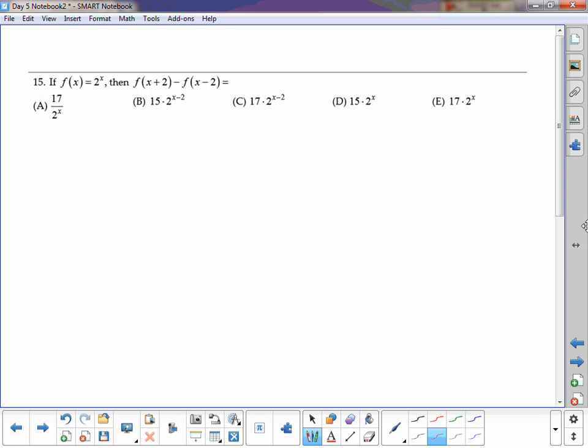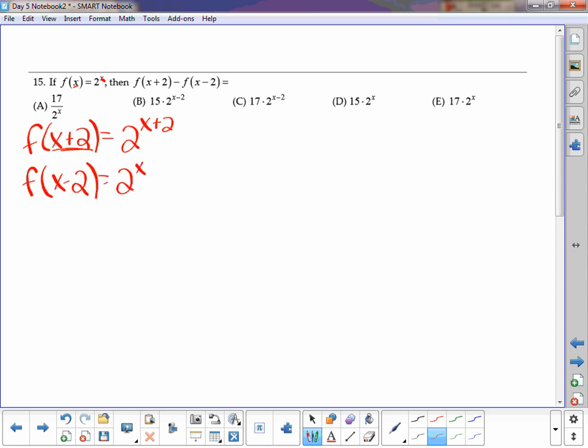Alright, so it says f of x plus 2 minus f of x minus 2. So I'm going to go ahead and find each of those. So f of x plus 2 would be 2 to the x plus 2. I'm just replacing my x's with that. f of x minus 2 would just be 2 to the x minus 2. Once again, I'm just replacing my x's.